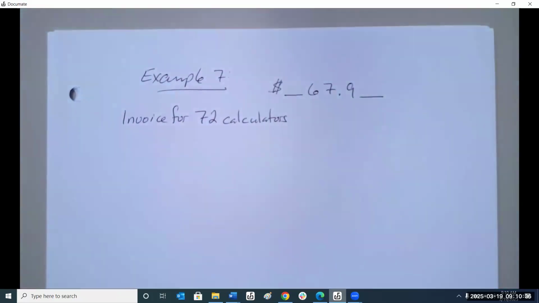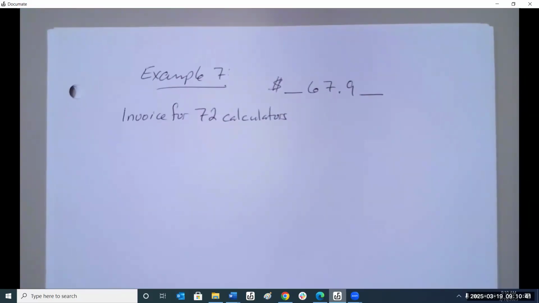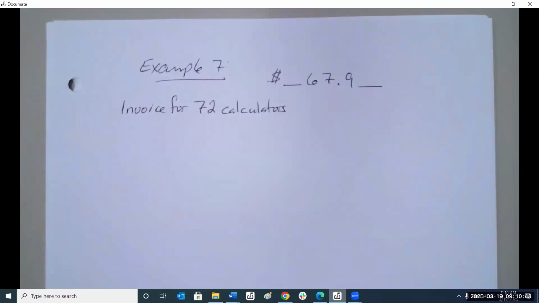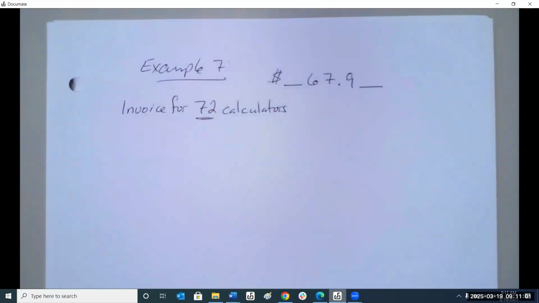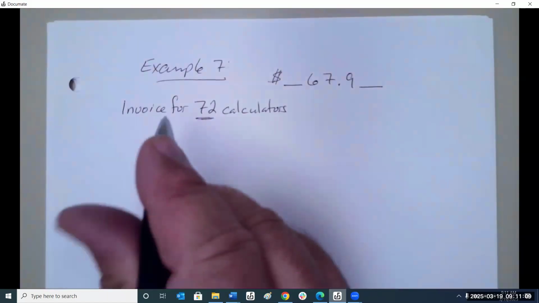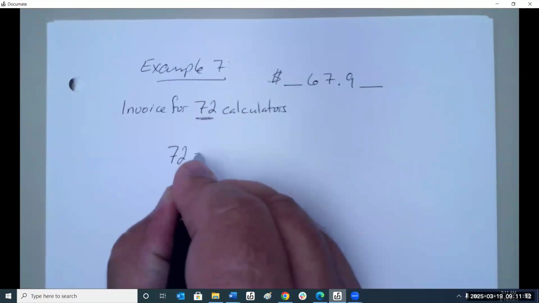What are the missing digits? And how can we figure them out? What information does this give us? Why is the number of calculators important? What makes up 72?